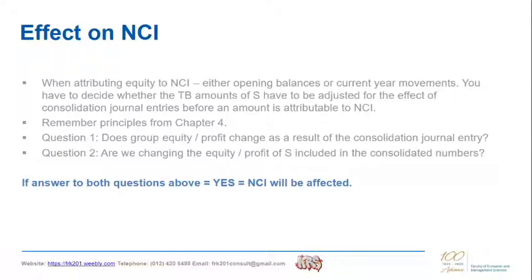So if your answer to both questions above is yes, NCI will be affected. Let's now apply this principle to the 3 journal entries we've looked at so far in Chapter 5.